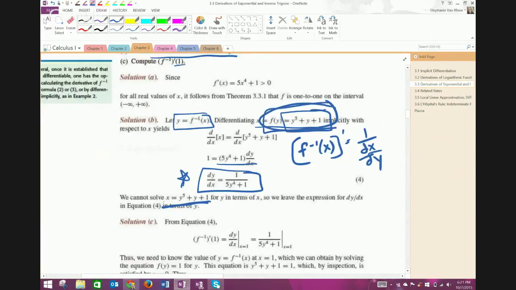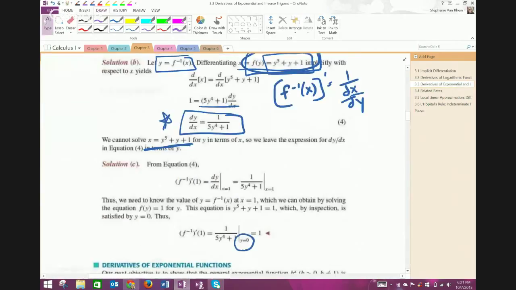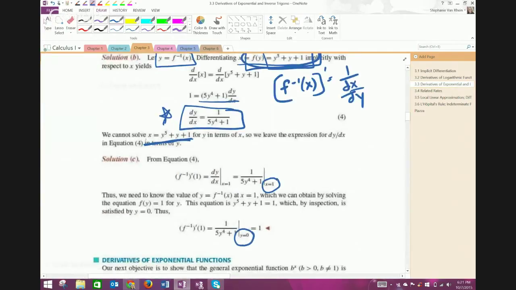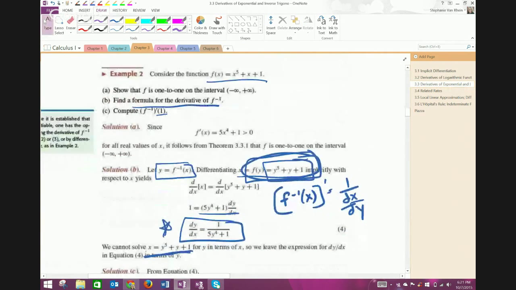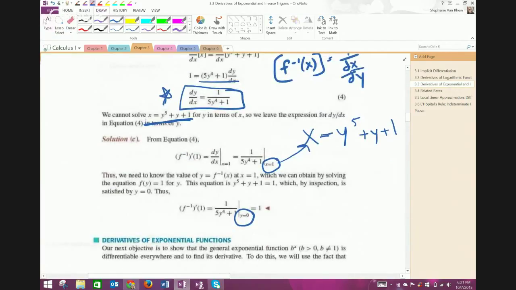What value of y would give me 1? Here, they have x equals y to the 5th plus y plus 1. So if x is 1, what is y?